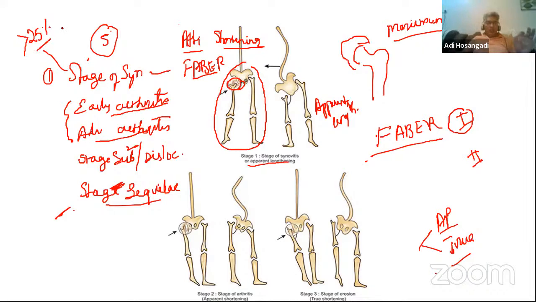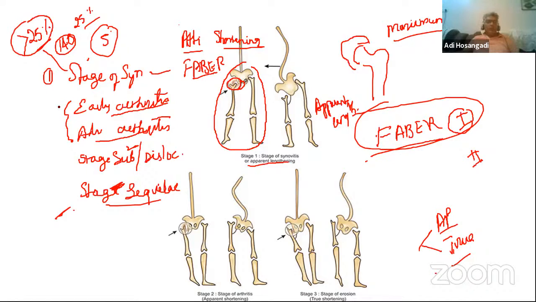There is terminal restriction of movements only. Say the movement of flexion of the hip is on average 140 degrees; only the terminal 25% is painful and restricted. So in stage of synovitis, the attitude is FABER, apparent lengthening will be there, and the movement restriction is less than 25%.